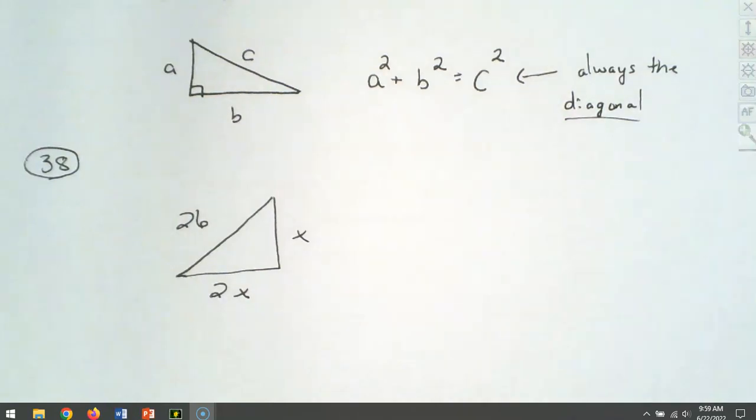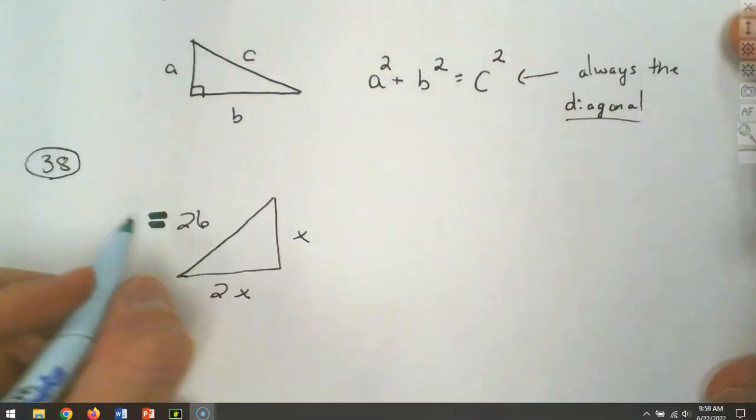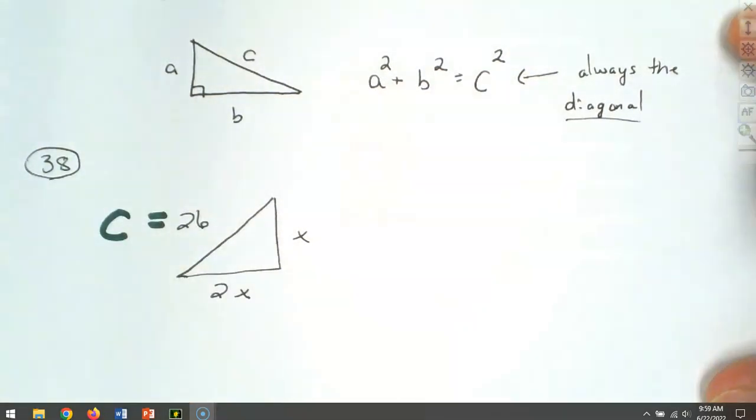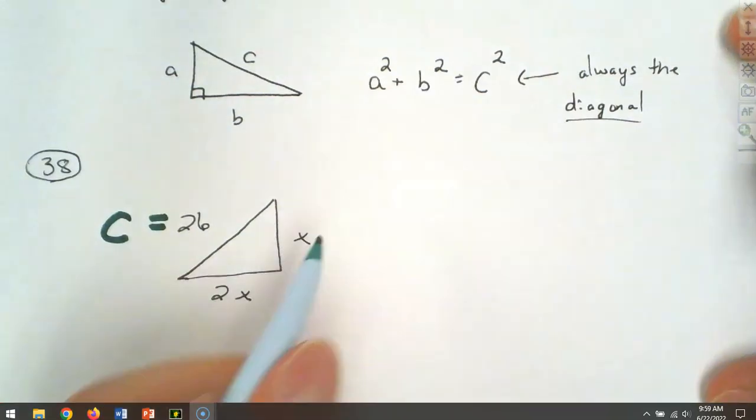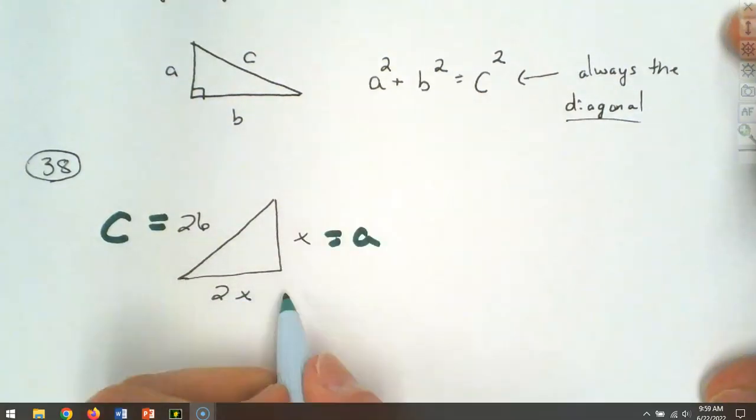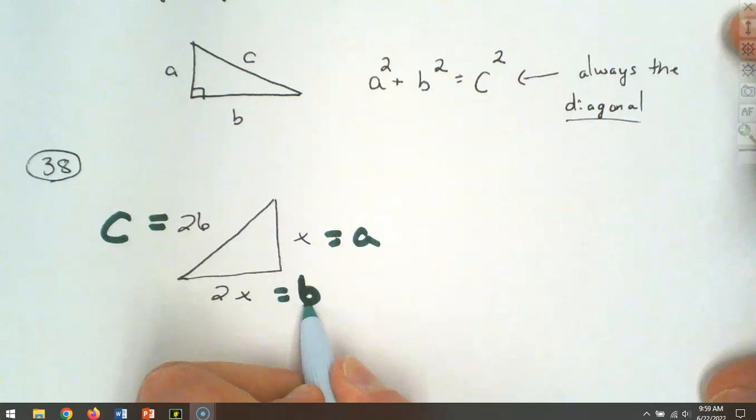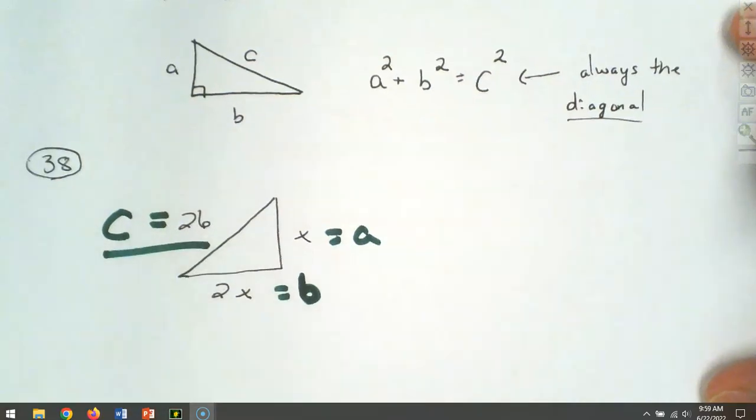And when we look at it, we see that it's a triangle, and we know that our diagonal is the 26. So that's our C. And then we've got A and we've got B. Doesn't matter which one is which on the A and B. Always, though, make sure that your C is that diagonal.